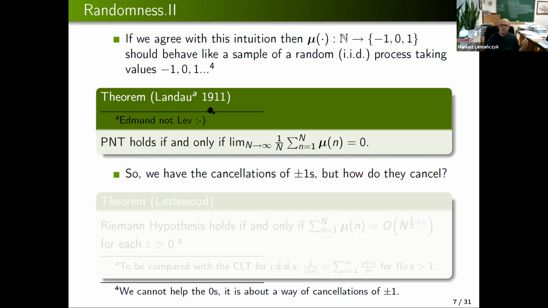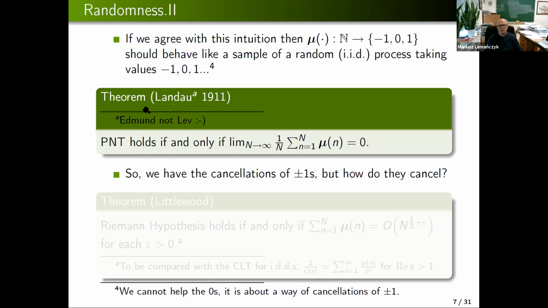And this is an old theorem, just after the prime number theorem. There was this German mathematician, Edmund Landau, not Lev Landau the physicist. I think that Lev Landau was 3 years old at that time.